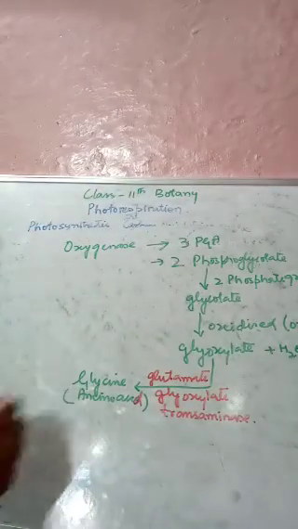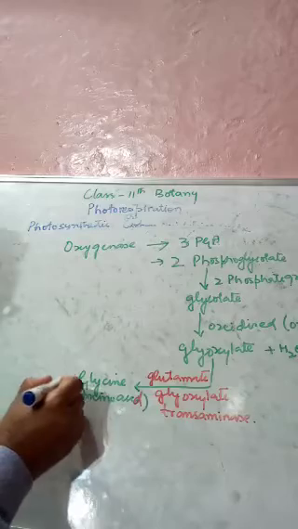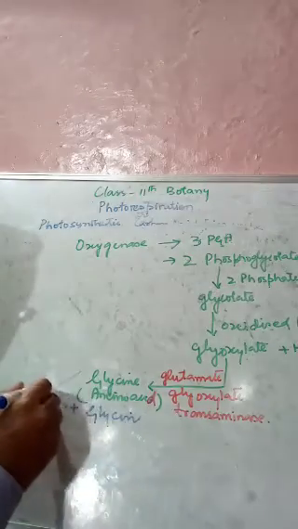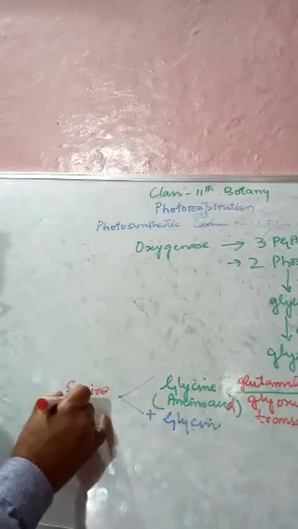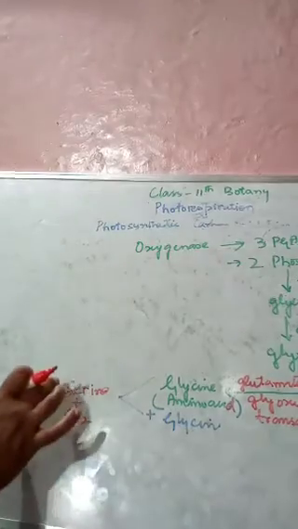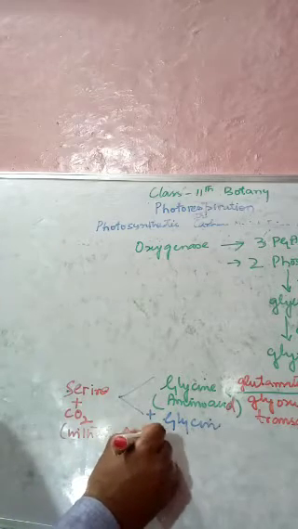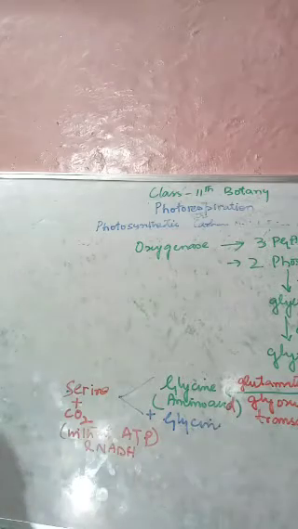Two molecules of glycine interact with each other to form a molecule of serine and a molecule of carbon dioxide in mitochondria, without the production of ATP and NADH.